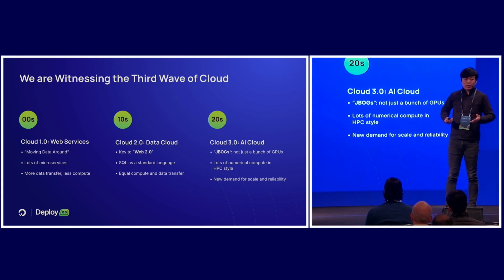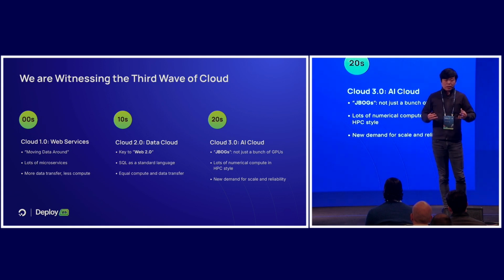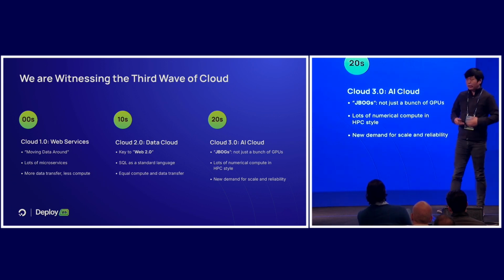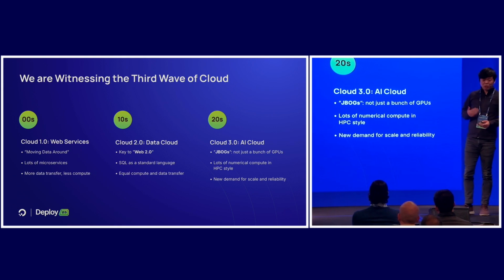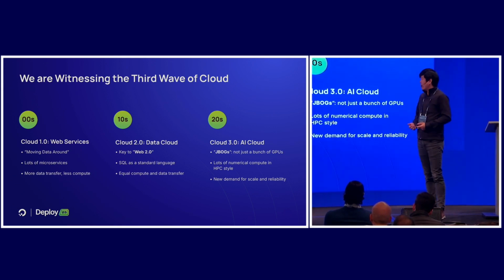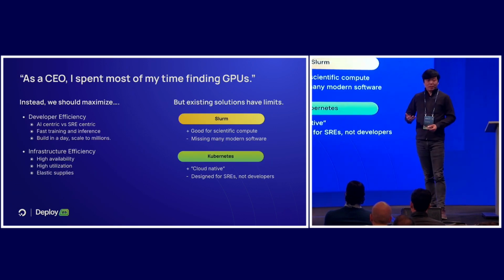So AI compute right now exhibits itself as more compute-centric, kind of similar to old school scientific computation or HPC, with the manifestation of just a bunch of GPUs, or as we funnily call it, JBOGs.